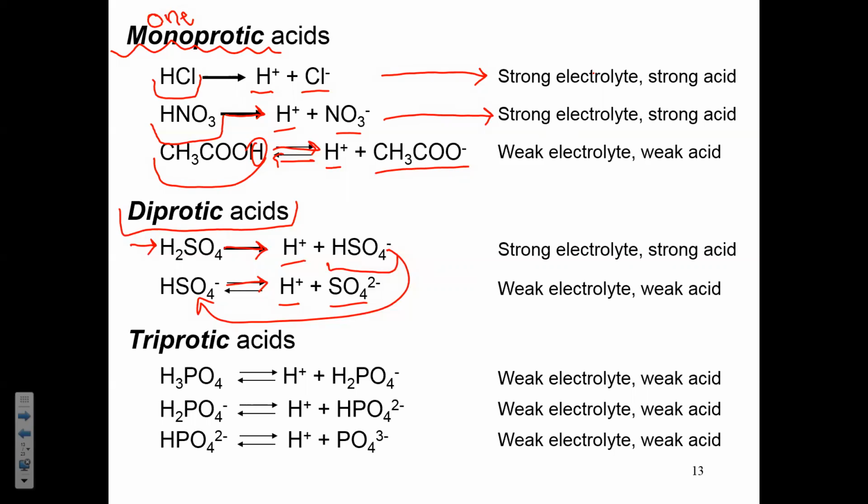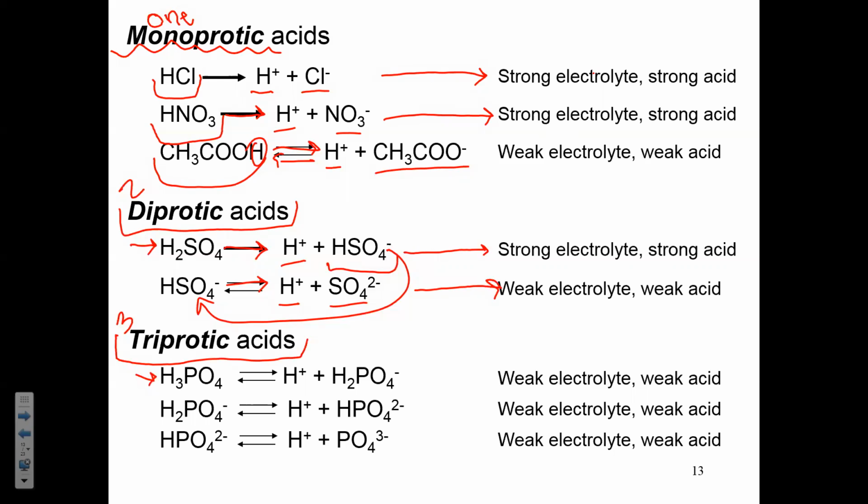This would be considered a strong electrolyte. This one, a weak electrolyte. Okay, triprotic. So diprotic is 2, tri means 3. This one we're going to break down 3 times. If you see our starting compound has 3 hydrogens.